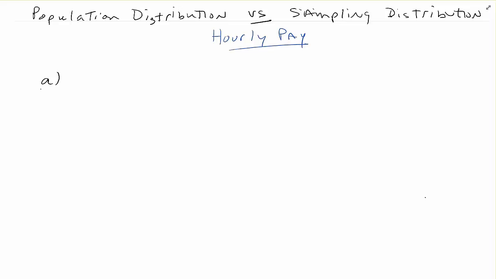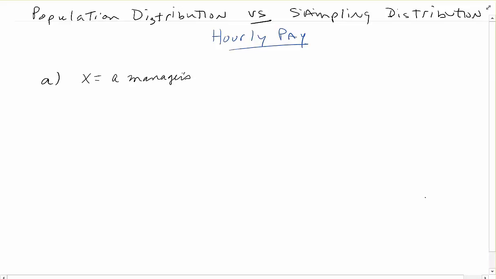Let X be the random variable that represents a manager's pay rate. So this is an individual pay rate. Now, we notice that in this problem, we're given that the distribution of this random variable is normal.